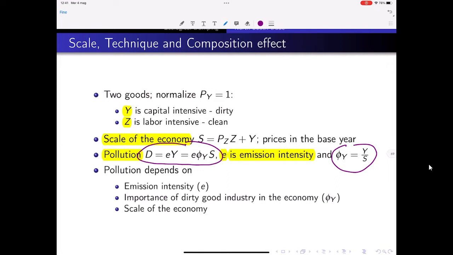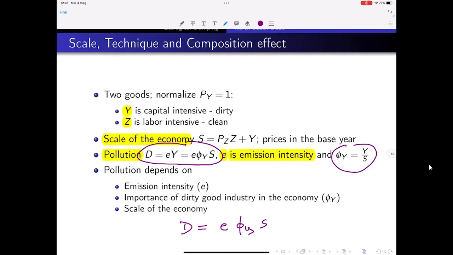So now you see I have my pollution, which is given by 3 components. It would be E, which is the emission intensity, phi, which is the size of the polluting industry as a proportion of the economy, and then the scale of the economy.